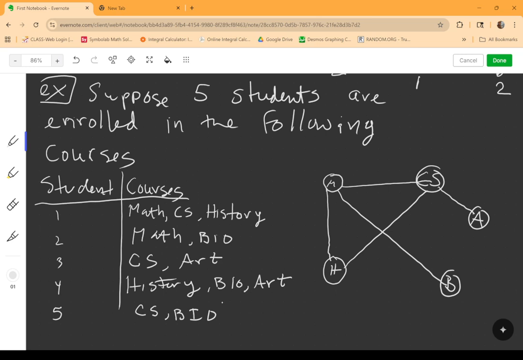And then student 4, we have history, bio, and then bio and art, and then history and art, since that student is in all 3 of those, right? So we want a complete graph there for that 4th student. CS and bio, so that would be here. Okay, so we have a graph with 5 vertices and 9 edges.